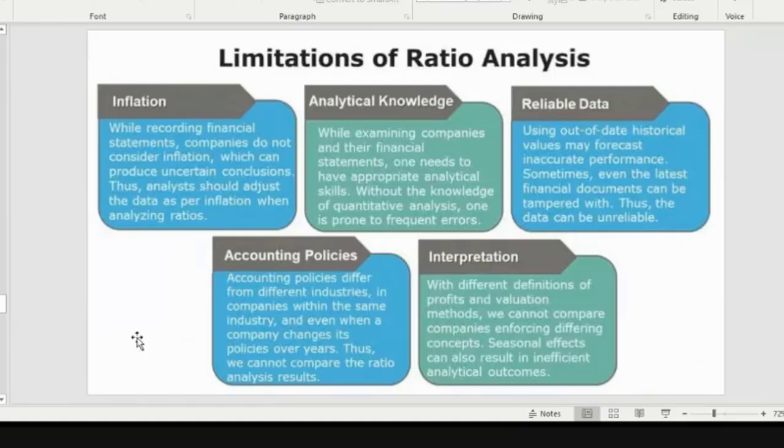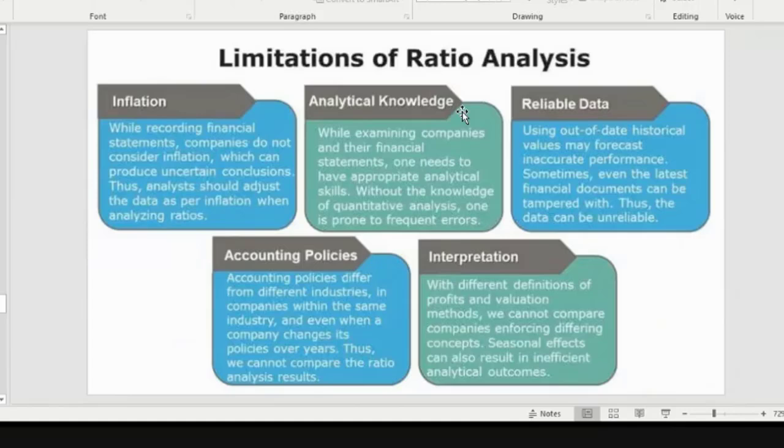Now, limitations of ratio analysis. One, inflation. While recording your financial statements, companies do not consider inflation, which can produce uncertain conclusions. Therefore, analysts should adjust the data as per inflation when analyzing ratios. Another limitation is analytical knowledge. While examining companies and their financial statements, you need to have the appropriate analytical skills.